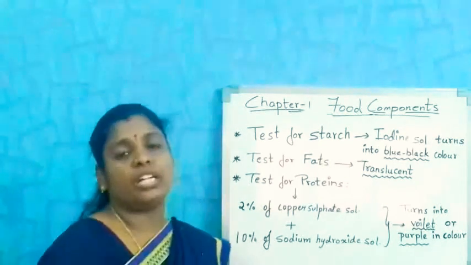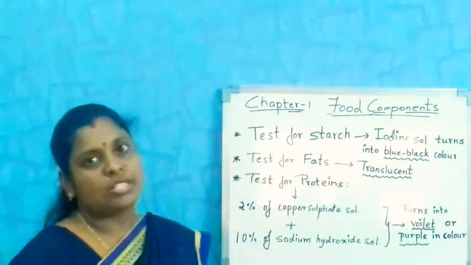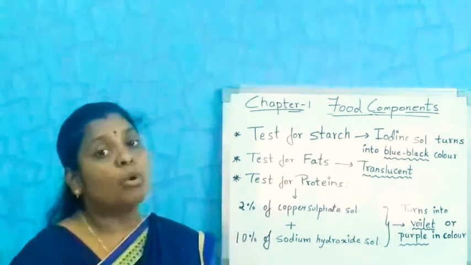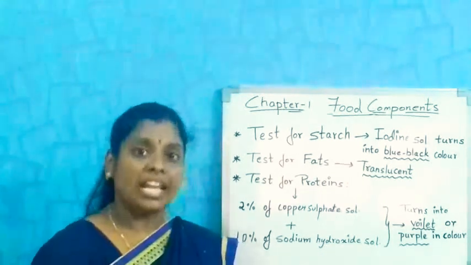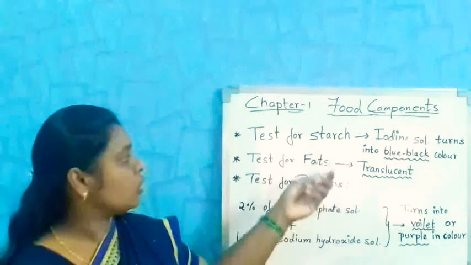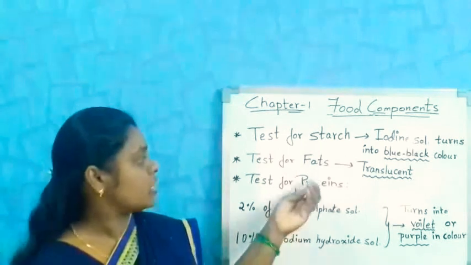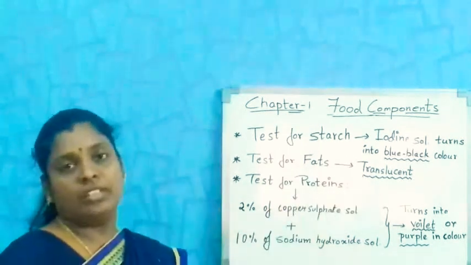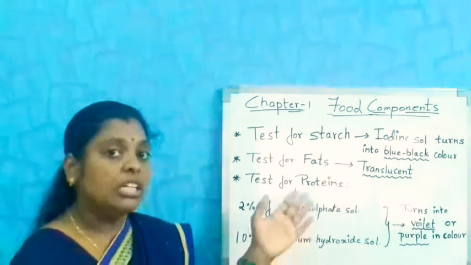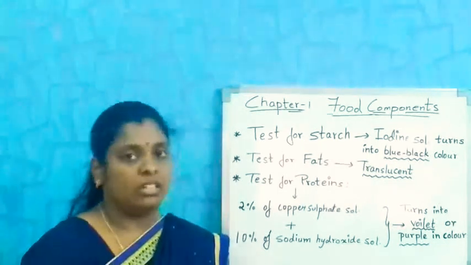Whatever food component we are going to test, the food contains carbohydrates, proteins, and fats, but some are in more quantity, some are in less quantity. If you want to test starch, we will add iodine. If you want to test fat, you can do it easily by rubbing with paper. So these all show the food components present in the food.